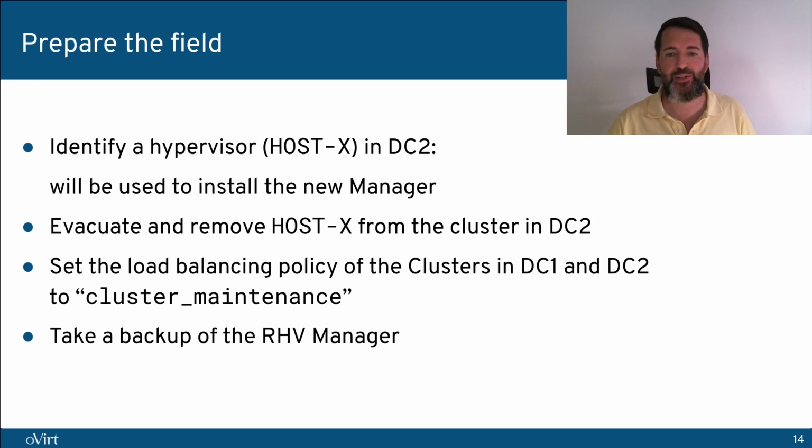To start with the split activity, we need some preparatory steps on the environment. First, we need to identify in Data Center 2 a hypervisor that will be used to install the new manager. Then, we have to completely remove it from the environment.